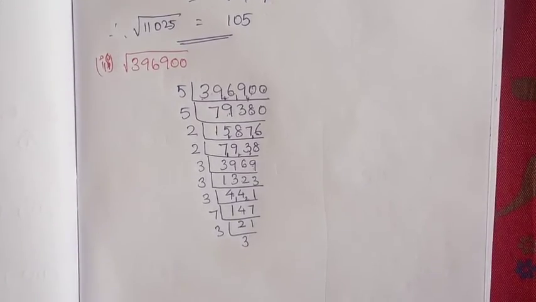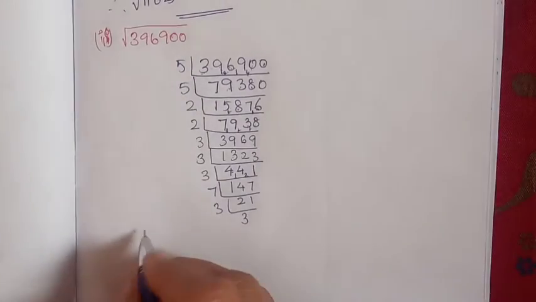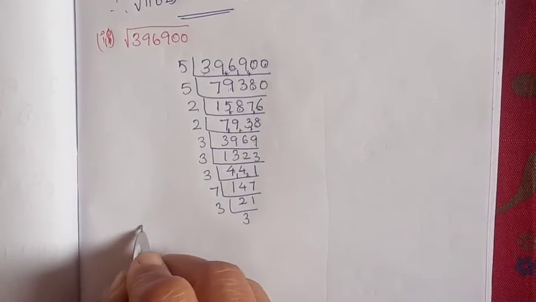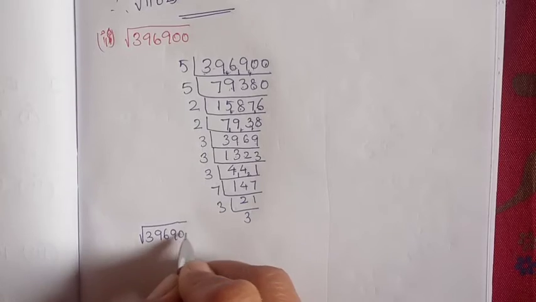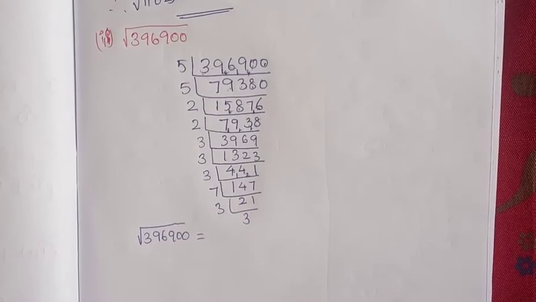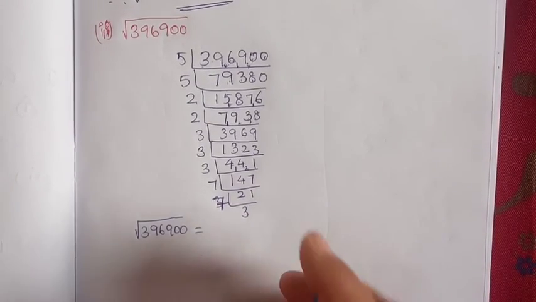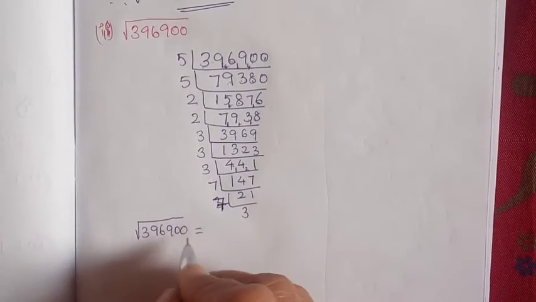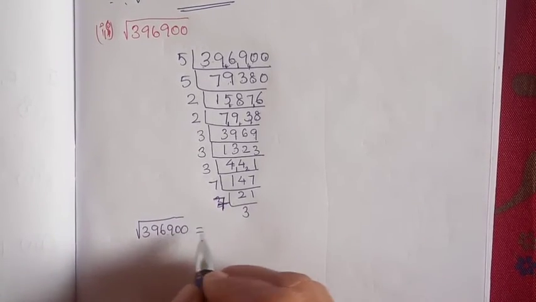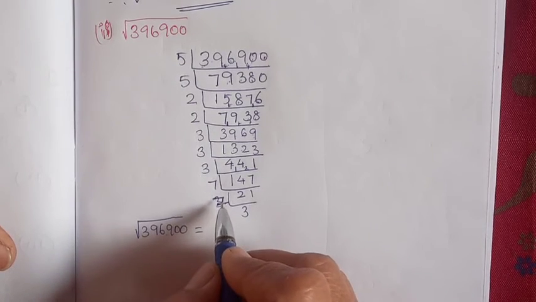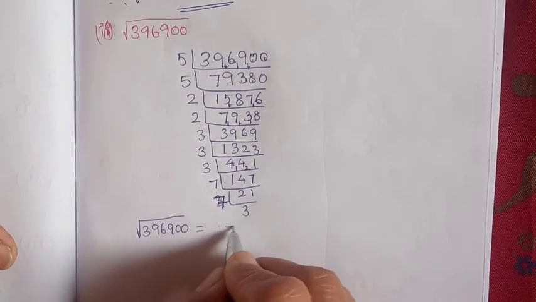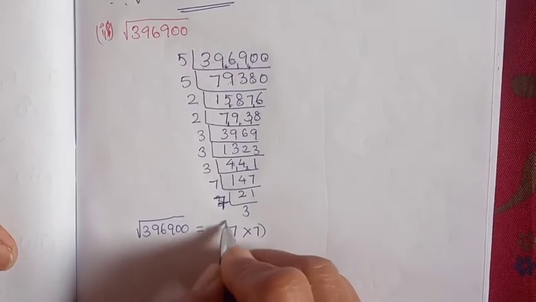Now all these factors we will write in front of the given number. 3,96,900 is equal to, we will count now how many sevens are there. 1, 2. First we will write the larger number.